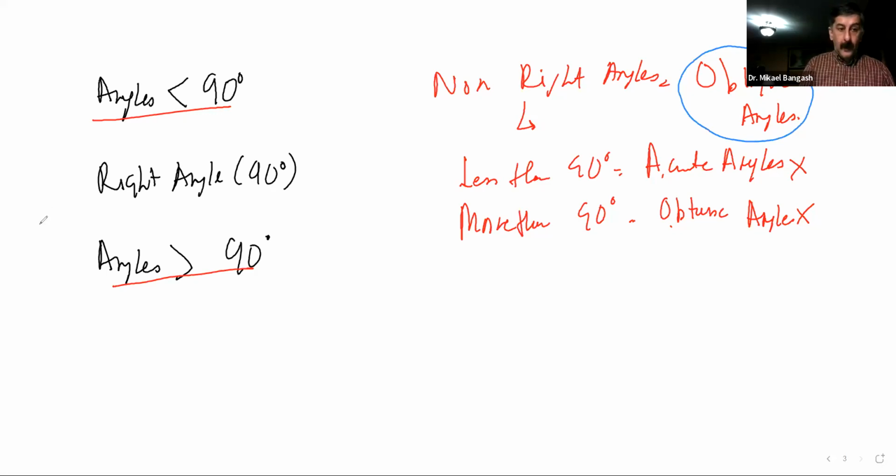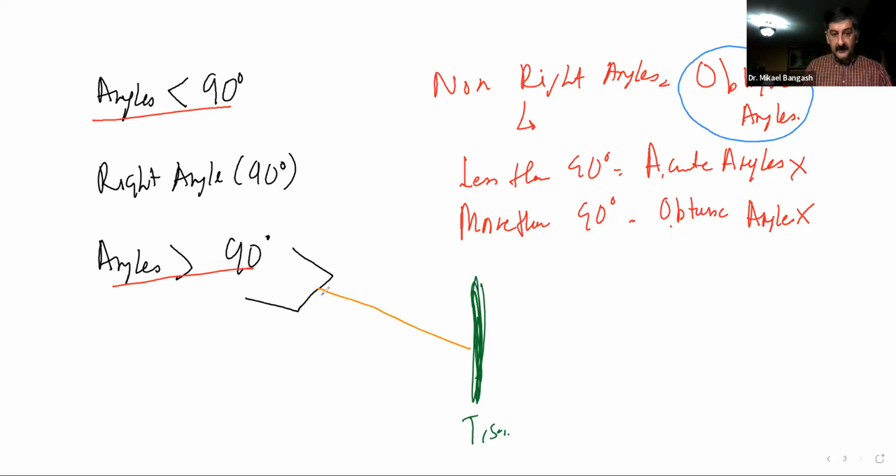If, for instance, we have a tissue boundary hit by an incidence where the incidence makes any angle other than 90 degrees, let's just assume that this is a 60-degree angle.